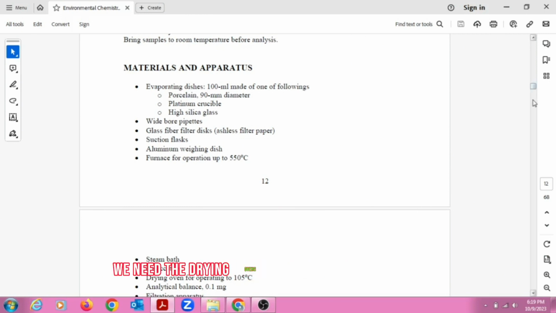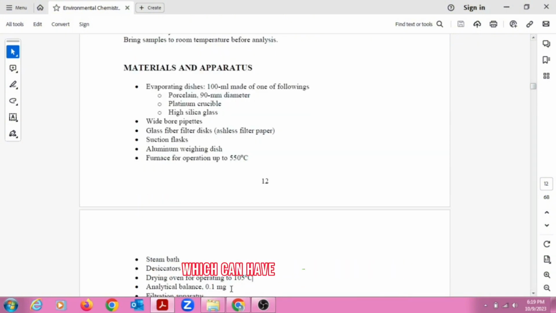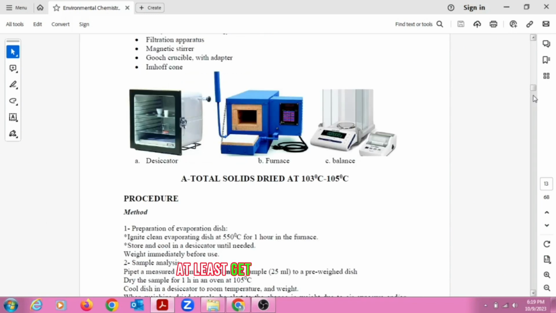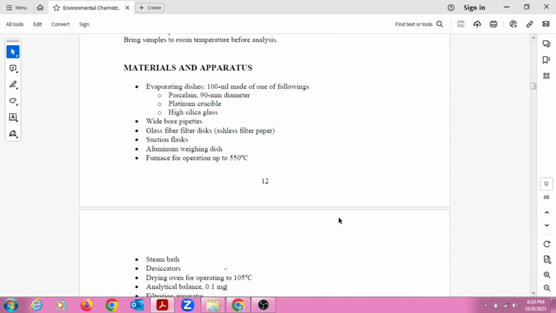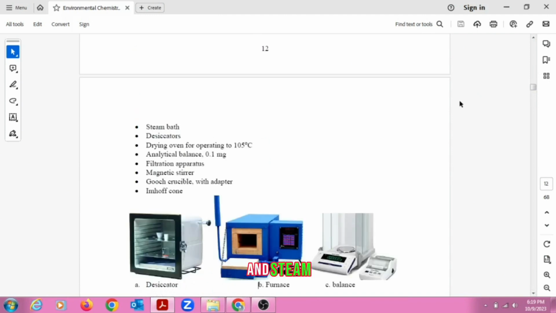We need the drying ovens, and also the analytical balance, which can have a minimum of 0.1 milligram, and can go up to 2, 3, 5 grams. And we need the filtration apparatus.